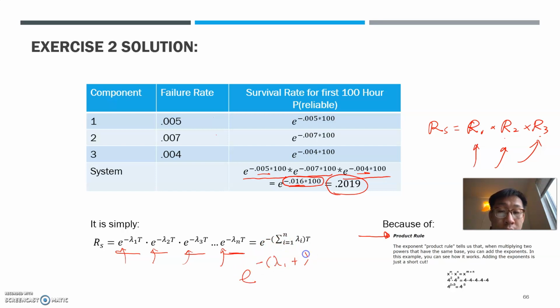And because some of you don't like this sigma symbol, that's the reason why I'm writing this. Okay, you multiply by t. That's what it is. So this is a simple formula you'd like to memorize in order to calculate the reliability of a series system with exponential failure rate. Wow, that's quite a mouthful. Reliability of a series system that uses components with exponential failure rate.